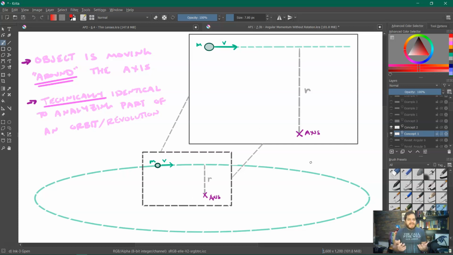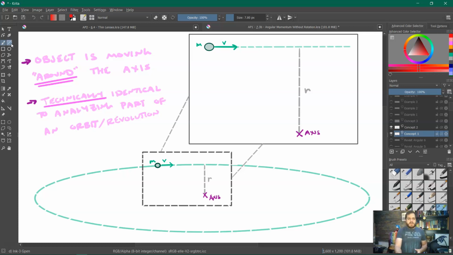In fact, we cannot say that they are physically any different. Now, we can expect that this ball is going to continue going in a straight line, but technically speaking, that's physically no different than this scenario. So we can treat the ball as if it is orbiting or revolving around this external axis of rotation. So the object is still moving around the axis. Now, you might be thinking, okay, that doesn't make any sense.